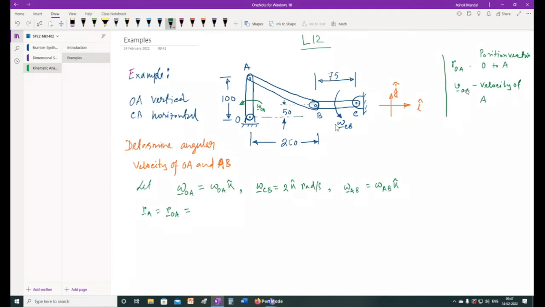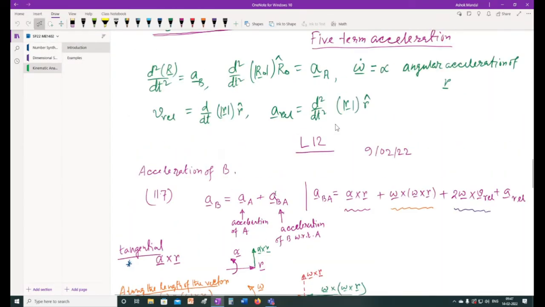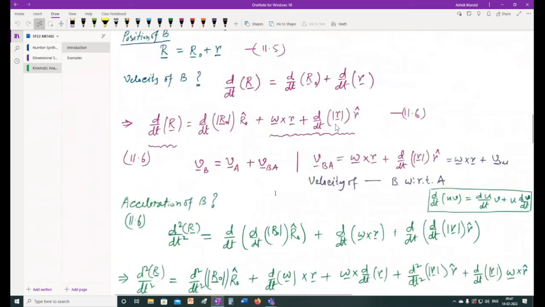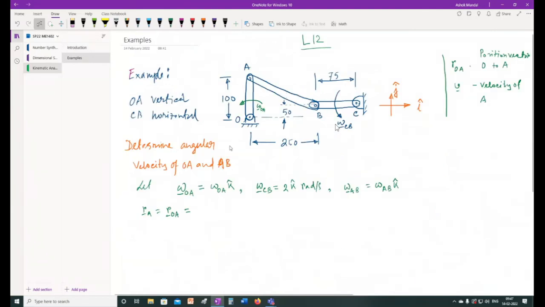If you remember, we used this quantity VBA in our last class, the velocity of point B with respect to A. Let me write this without making any confusion.